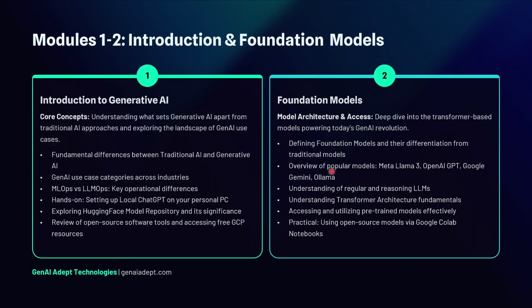When you're talking about billions of parameters, what are those parameters? So we'll talk about those things, and also we'll talk about the transformer architecture, the architecture behind all the generative AI or LLMs. So we'll go through the transformer architecture as part of this class.